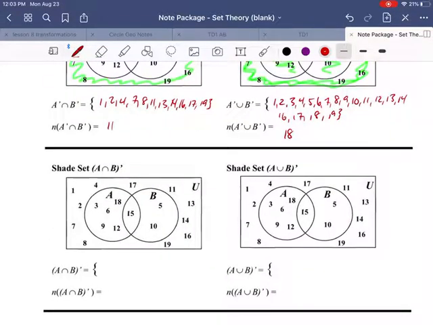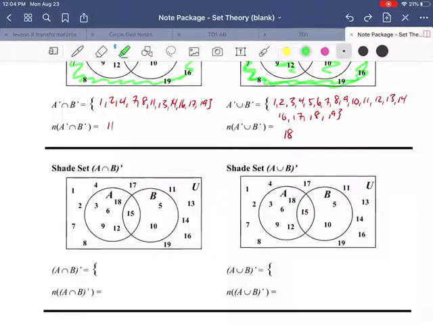All right, shade set A and B. The complement of A and B. Well, if you think about this in opposites, what's A and B? A and B is 15. Interesting. So the complement of 15 is going to be everything else.